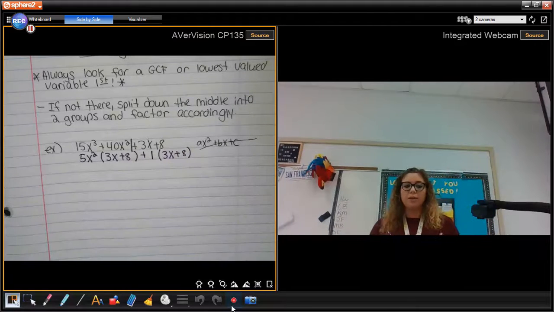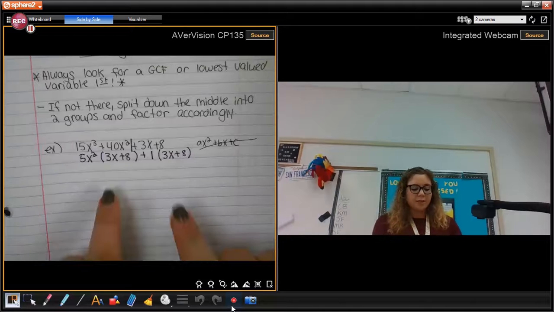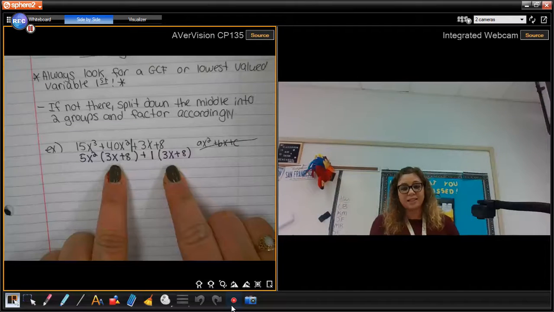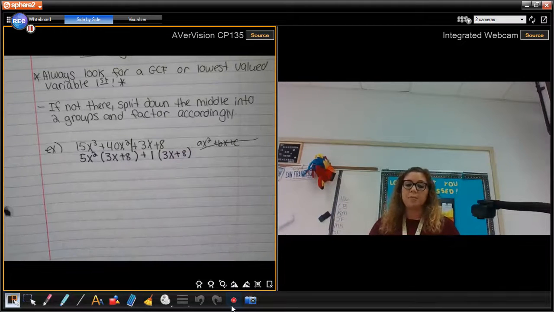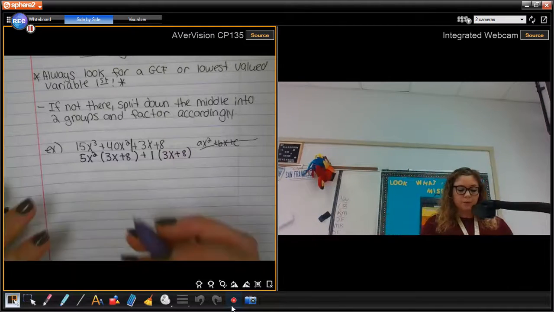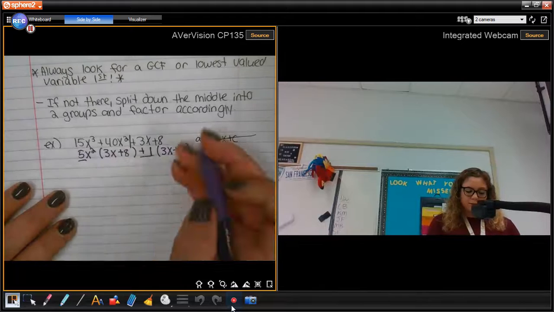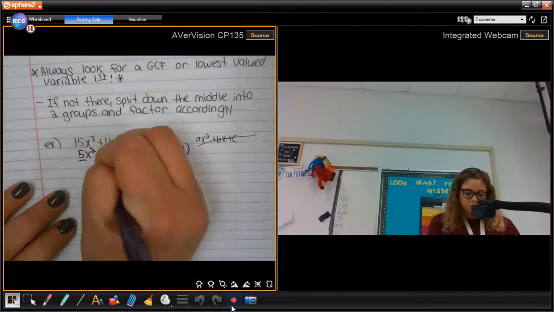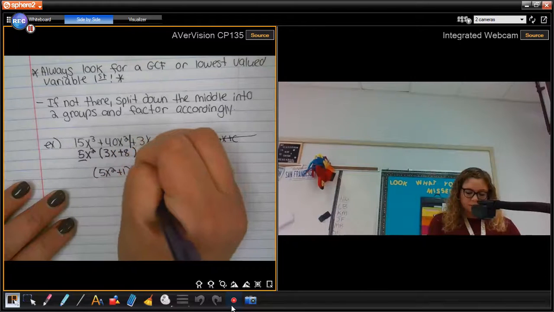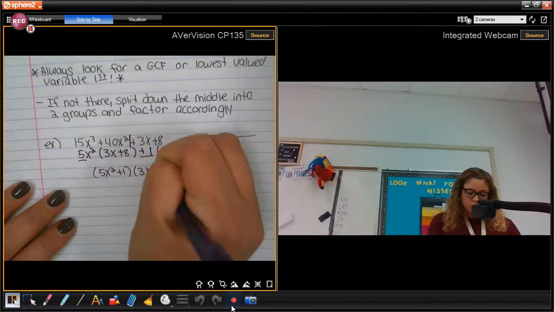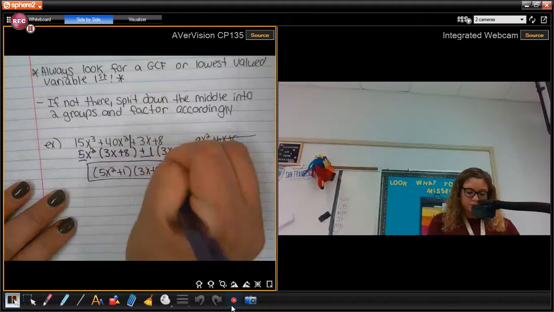So again, the way you will know if you have it correctly is if what's inside the parentheses is the exact same. If you get something different than that, then you probably need to go back and check your math. Okay, I'm going to put these two together, and then what's inside the parentheses. Okay, and this is my answer.